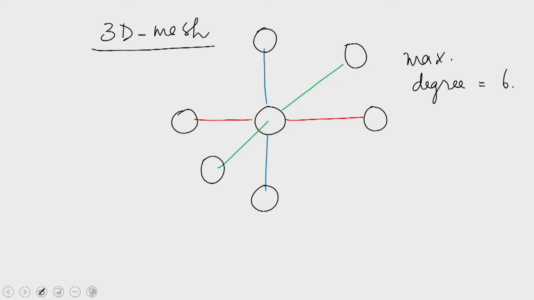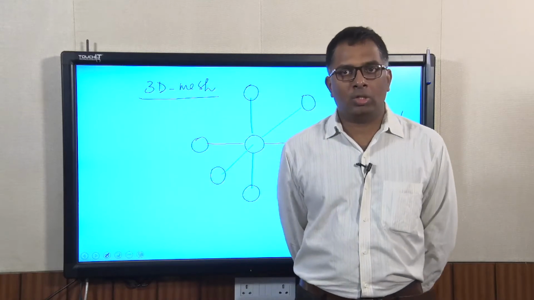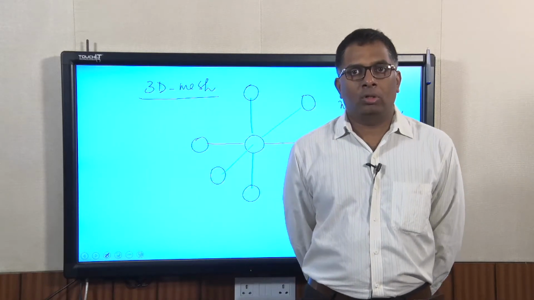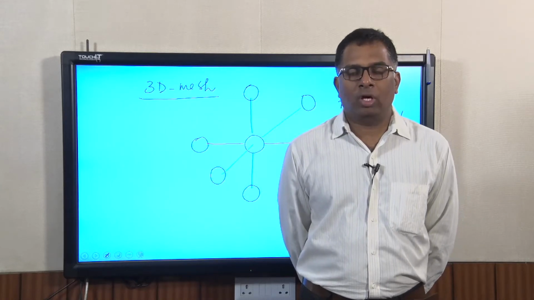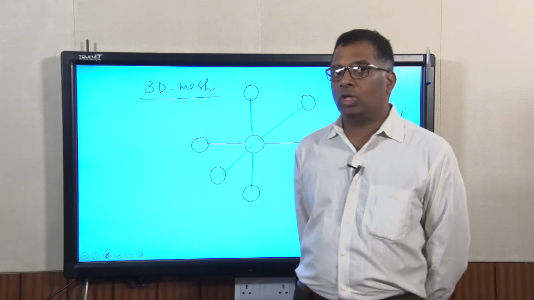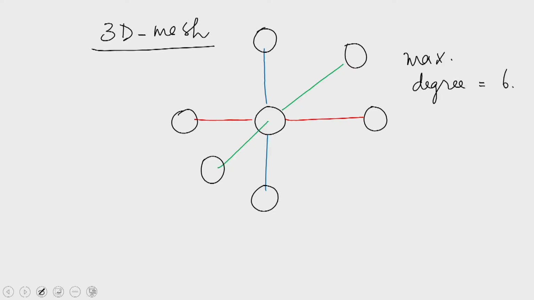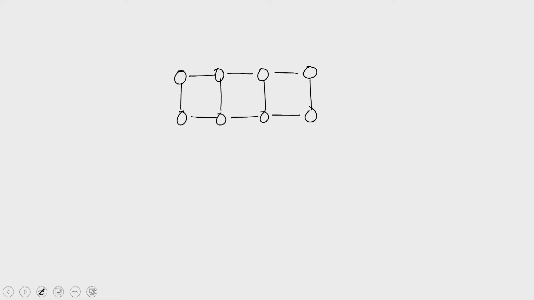But of course, as we know from the two-dimensional case, the corner nodes will have smaller vertex degrees. A corner node in this case can have a vertex degree of 3. So the vertex degrees will range from 3 to 6. So a three-dimensional mesh will look like this. You have multiple two-dimensional meshes.